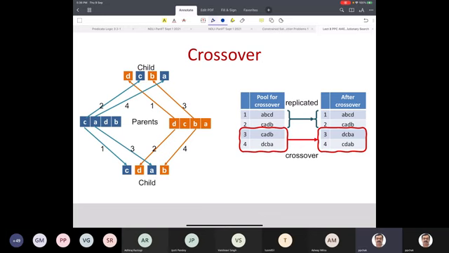For example, this may not yield a feasible solution, so we have to transform it. You have to create a crossover in such a way that a proper solution is formed. So here, by some movements, I have created these 2 children from these 2 parents.